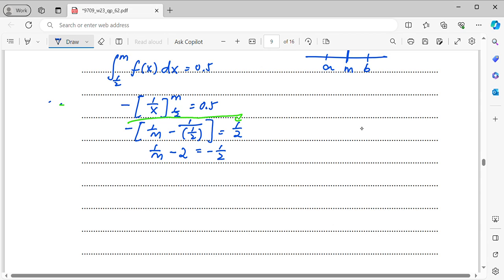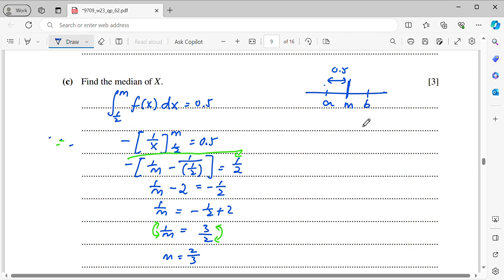So 1 over m equals negative half plus 2, which is 3 over 2. Then my m, right? So you can just swap. That means here also just switch. So it will be just 2 over 3. So that's the median.